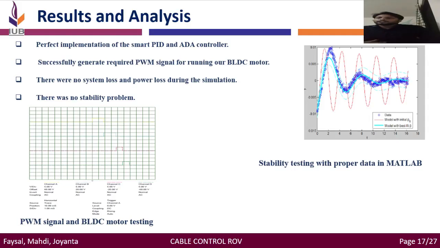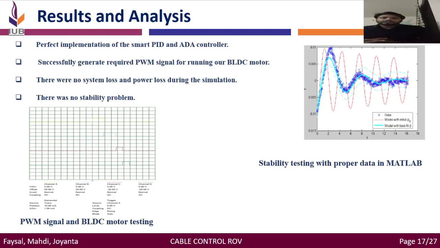In our result analysis part, we have perfectly implemented the PID and ADA control, and the PID which we have used is used in a very smart way so that we can use it much more efficiently. We have also perfectly implemented and used the PWM signal for running each BLDC motor, and that chart is also given in our slide.